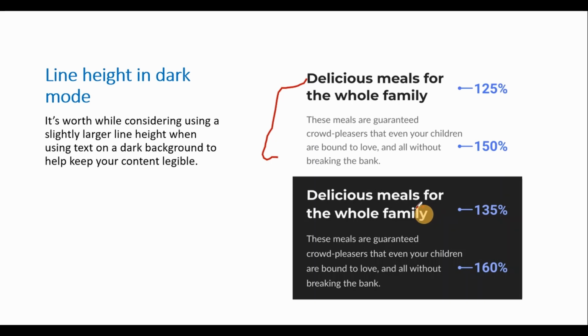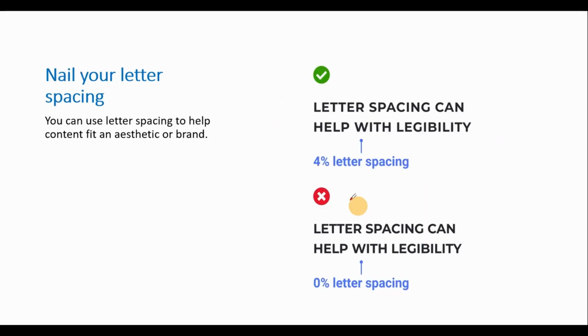So you need to put this into consideration. Sometimes you might create your design using the default, and when you're on dark mode, it's still fine. But you need to take a look and compare before you ship your design to be created or approved, basically.